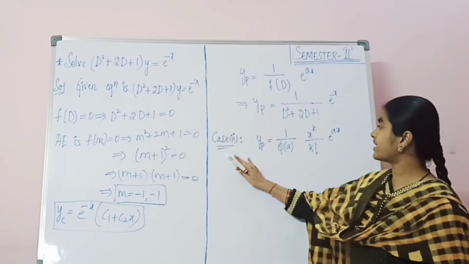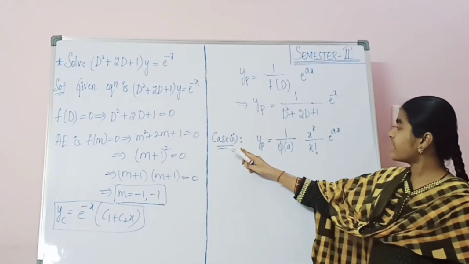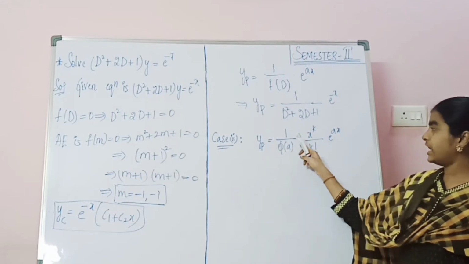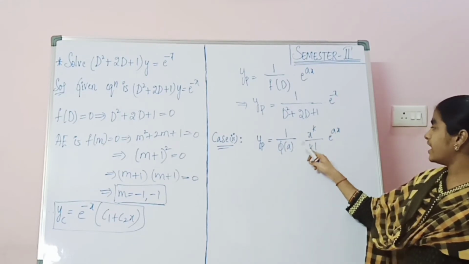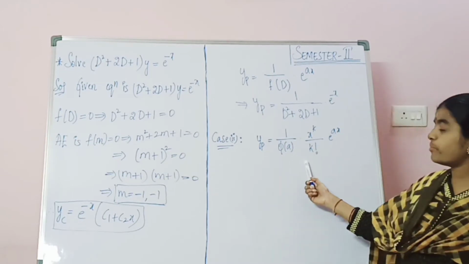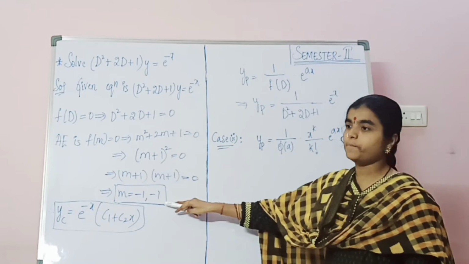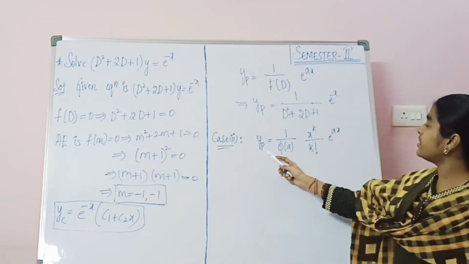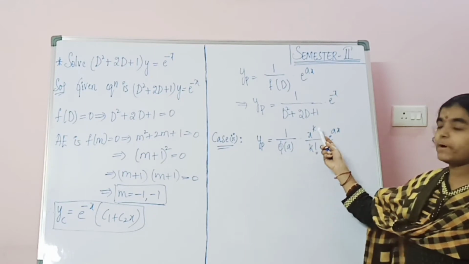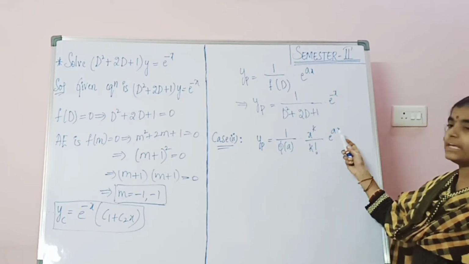According to case 1, second bit, yp equals 1 by phi of a into x power k by k factorial into e power ax. This is the formula. When should we take this formula? If the roots are repeating.